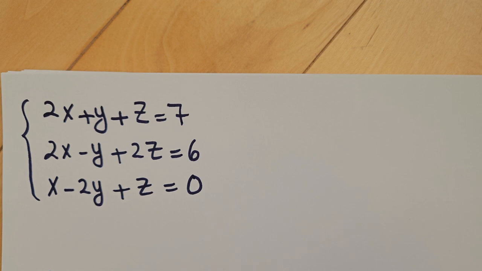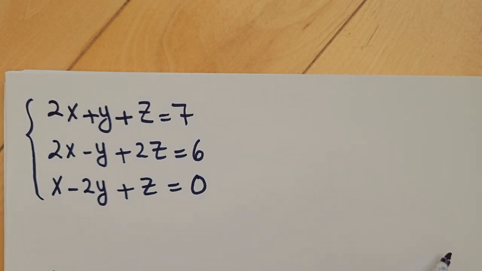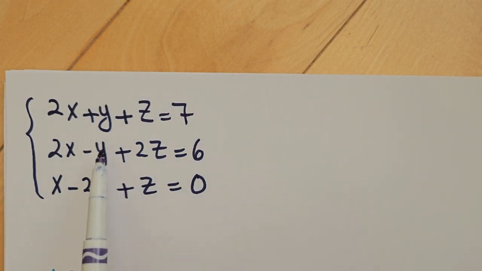So here we start with three equations, three variables. Remember, we should start by considering pairs of equations and then eliminating one variable. What I'm thinking here, I would consider eliminating y, because here, this and this have the same coefficient but opposite sign.